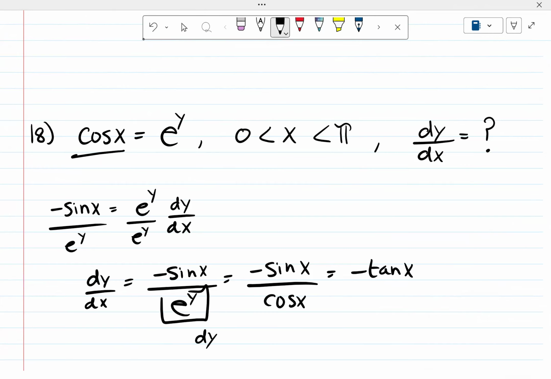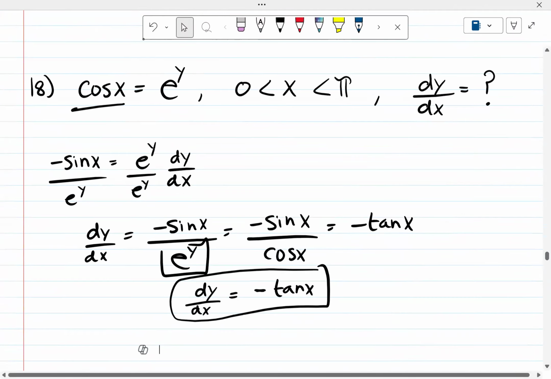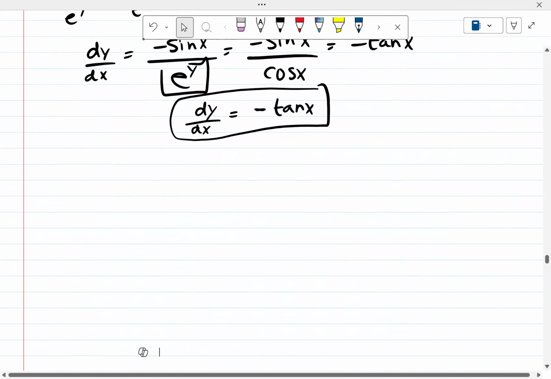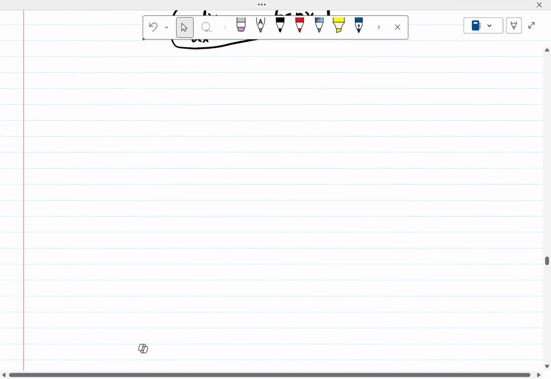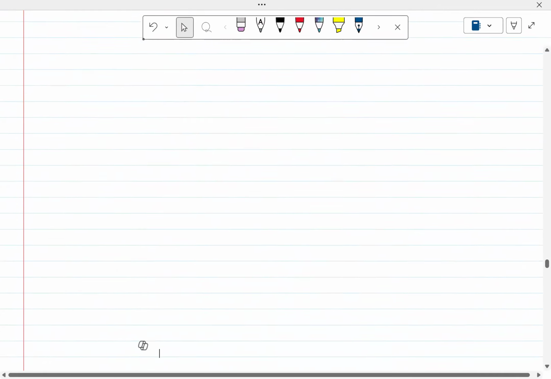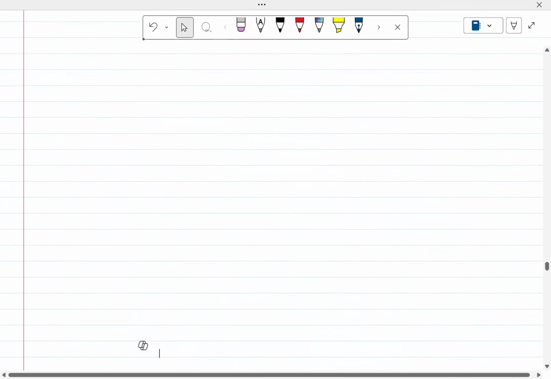So dy/dx equals negative tan of x. Okay, let's move on to 19.